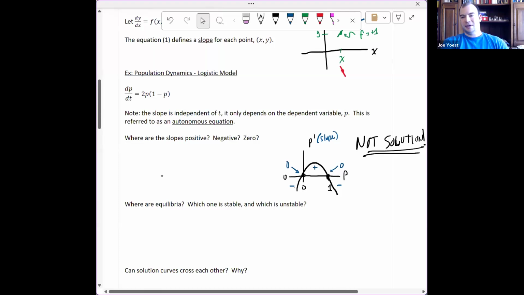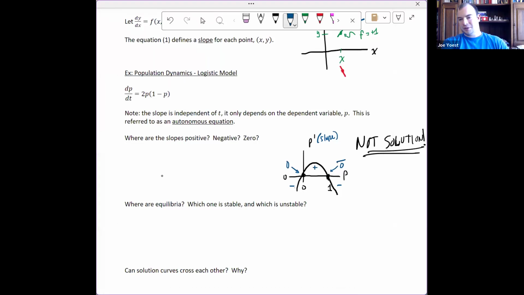But we actually have another, what we might call an equilibrium solution. The slope is 0 again when P is 1.